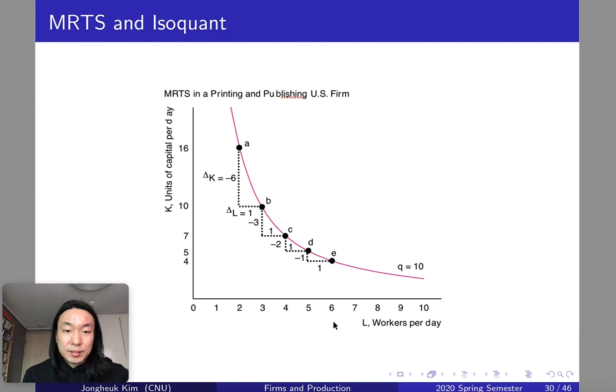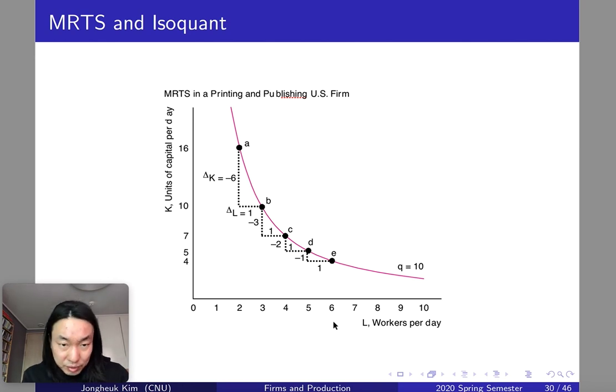Decreasing MRTS from point A to B to C to D to E. You can relate this phenomenon to the law of diminishing marginal returns, right? So as you increase the labor input, the marginal contribution of that increased amount of labor should be decreasing, which is represented in the MRTS, right?